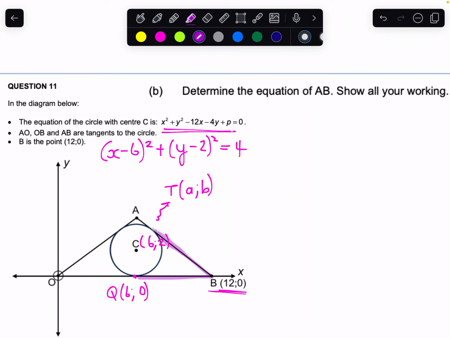I mean, so one of the things that's also clear to me is, okay, OQ is also 6 units long, right? So these are all equal, and we know that, if we put that point there, the point where OA contacts the circle, that this is also the same length.